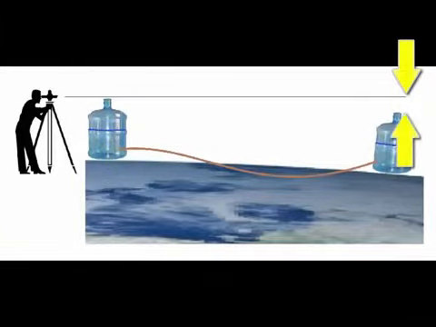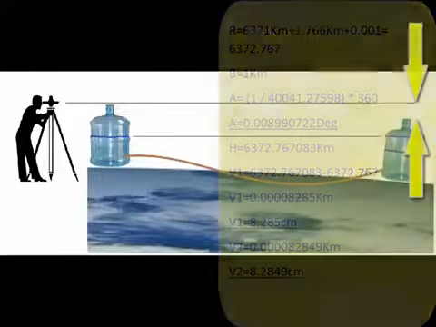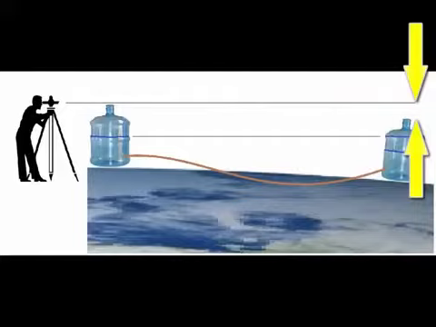There would, however, be a difference in the height of the one can to the other because of the curvature of the Earth. And that height would exactly be able to be calculated by your curvature calculation. So by using our curvature calculation that we had before, we know exactly what height to position the second water can, and that is 8.2 centimeters lower than the first.